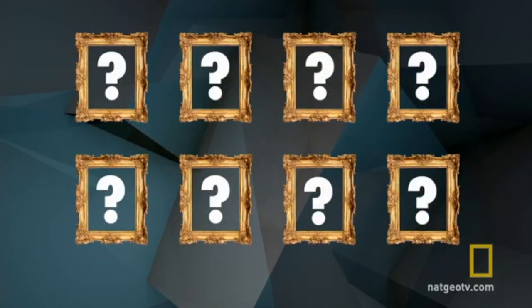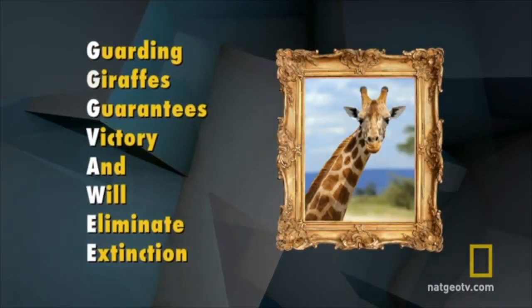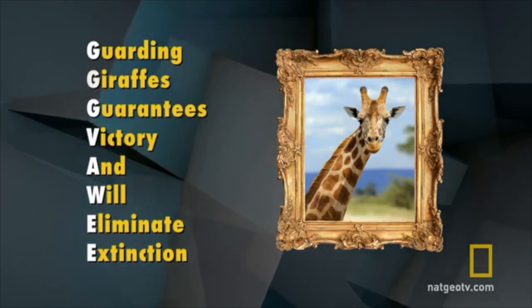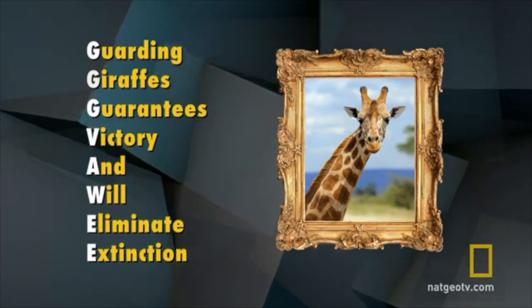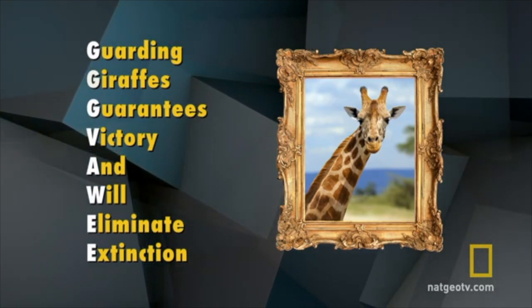Or did we give you too many names and not enough time? Well, take a look at this sentence instead. Believe it or not, guarding giraffes guarantees victory and will eliminate extinction might just give your memory a big boost. Look closely at the first letter of each word. This sentence is actually what's called a mnemonic device, a memory shortcut.